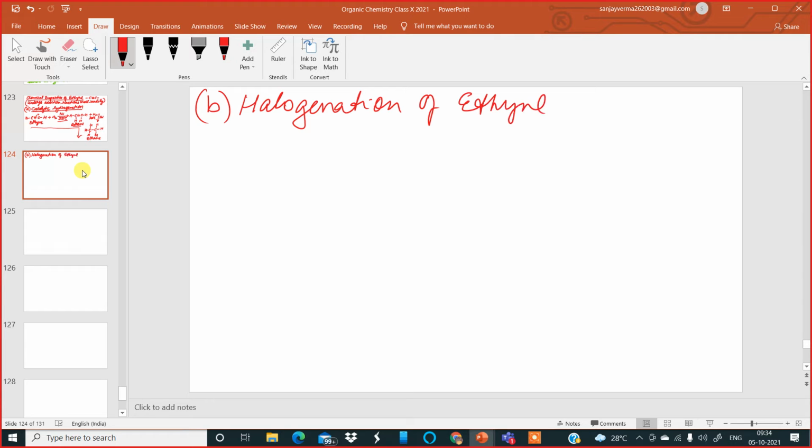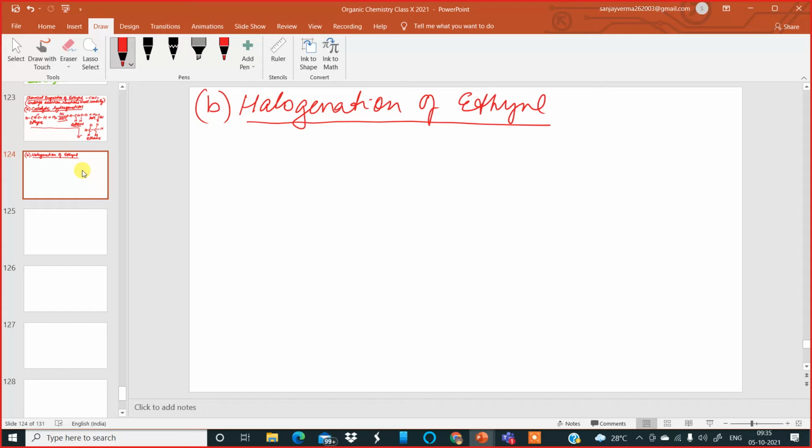I can react ethyne with halogens like chlorine or bromine or iodine. We are not going to use fluorine due to its very high reactivity. The reaction may be highly exothermic, so we avoid the reaction of ethyne gas with fluorine. Rather, we use chlorine or bromine or iodine in inert solvents like carbon tetrachloride or alcohol medium.